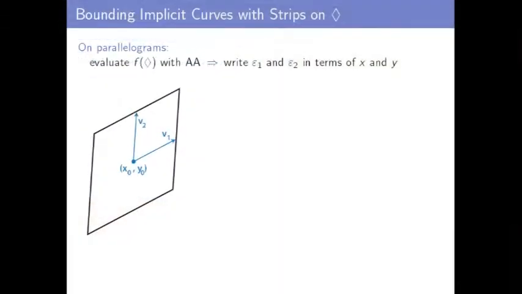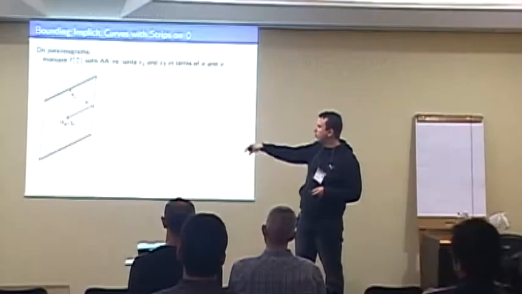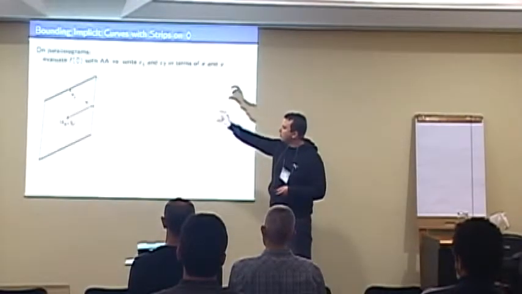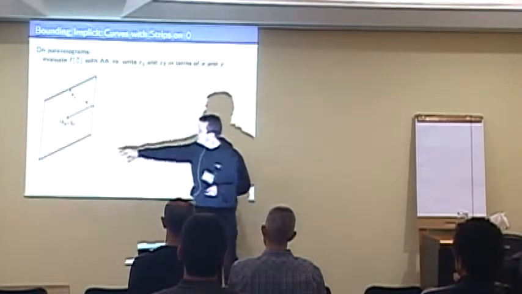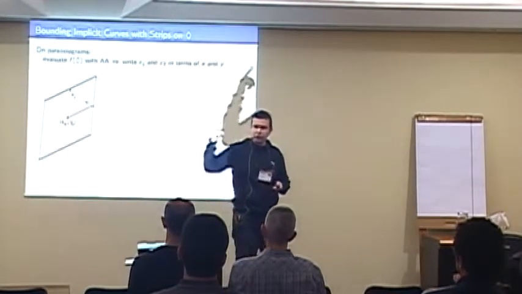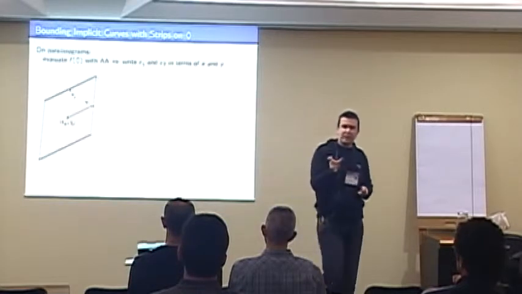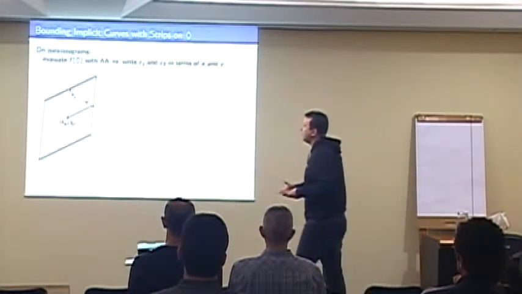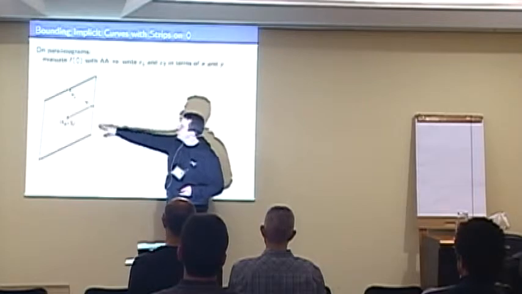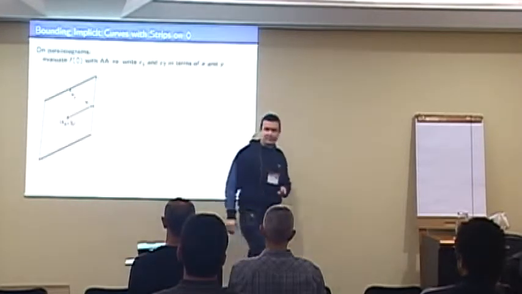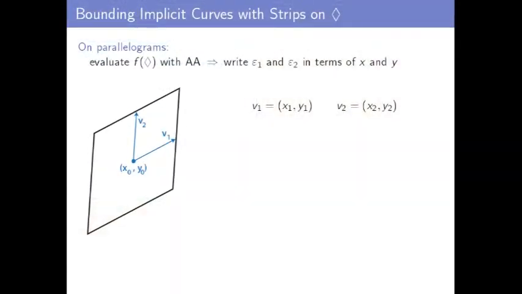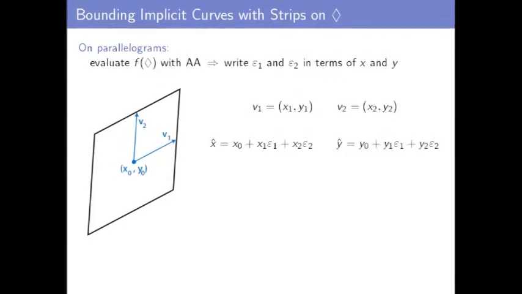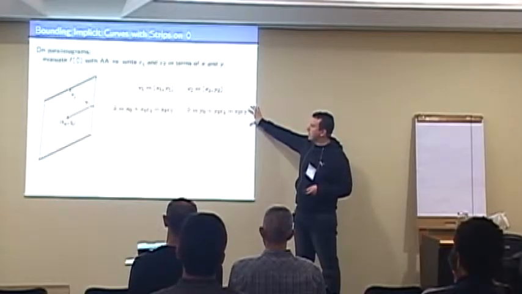Now, given a parallelogram, we have the centroid of the parallelogram, the point x0 and y0, and two vectors, v1 parallel to this side, v2 parallel to another side, and the length of v1 is half of this edge, and v2 is half of the other edge, okay? So the coordinates of v1 and v2, and we can write these quantities in these affine forms, okay?